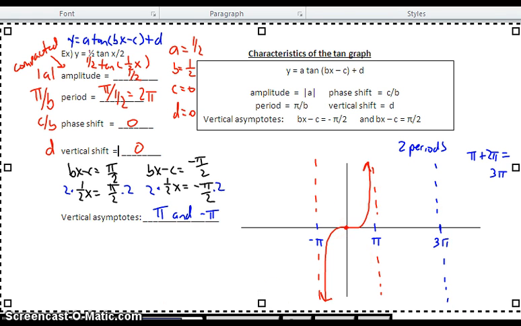I need to break this up into the halfway point. The halfway point between pi and 3 pi would be 2 pi. And then I can go ahead and hug the axis and then rise, hug the axis and then fall. And that would be my 2 periods. Now I could have made my period go this way if I wanted to. I chose to make mine go in the positive direction.